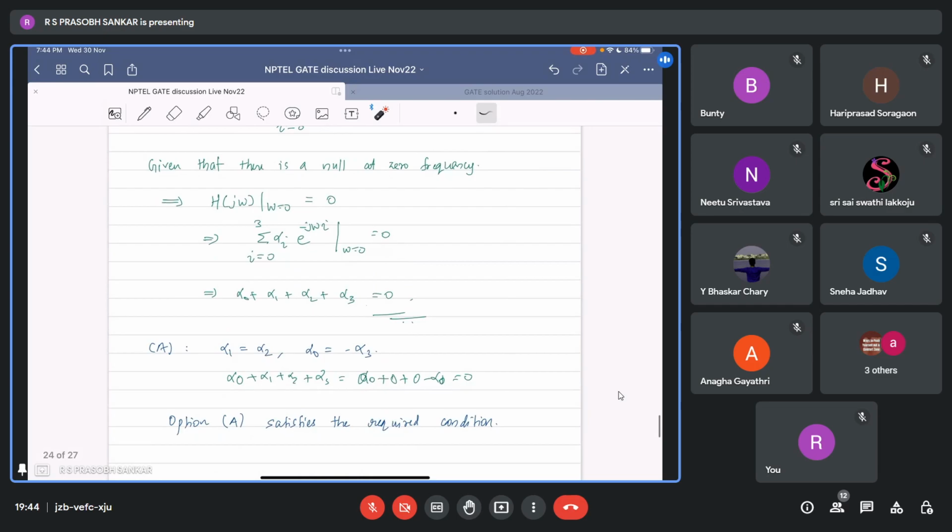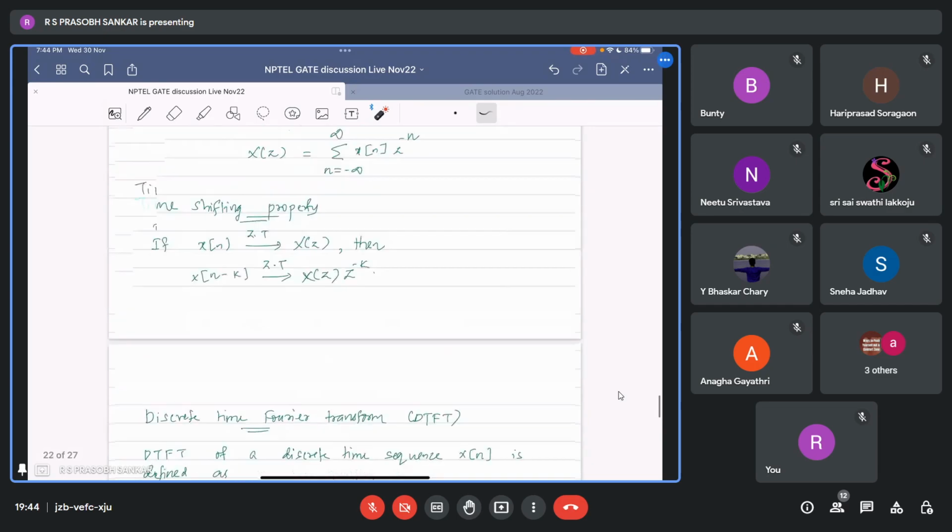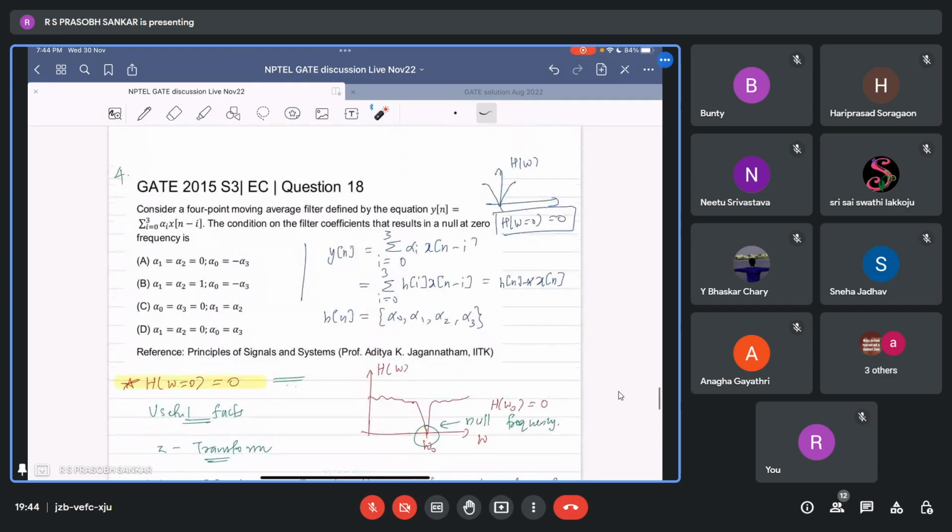Okay. So how do you pick the right option? If we see the options here, we need to choose the option so that the sum is 0. That's the only condition. Now, if we see one by one: if alpha 1 and alpha 2 are 0, and alpha 0 is minus alpha 3, what do we have?